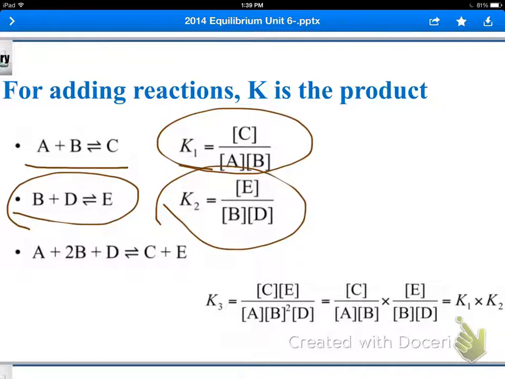If I have both of those reactions occurring simultaneously and I want to know what the overall K is going to be, I just add them together.